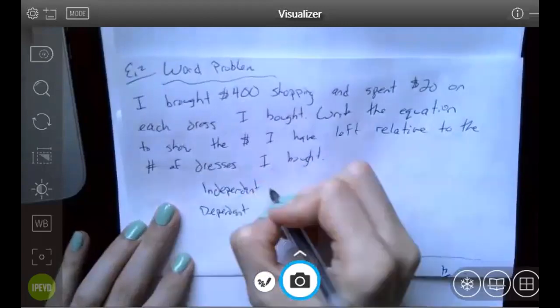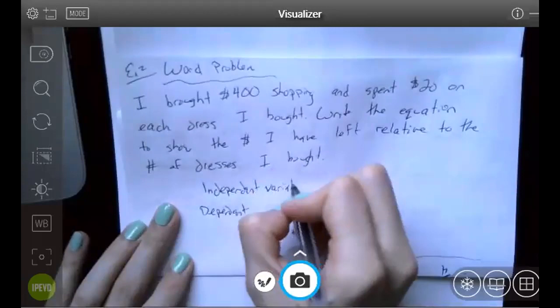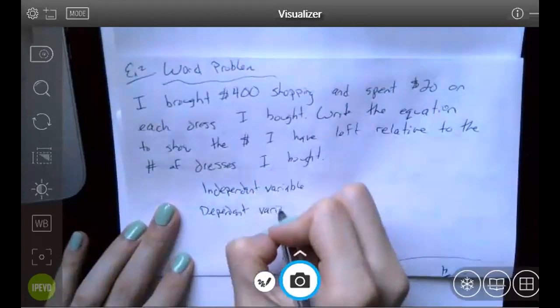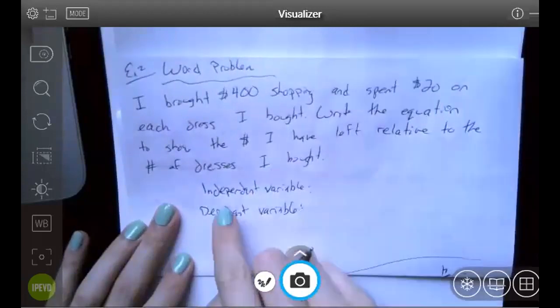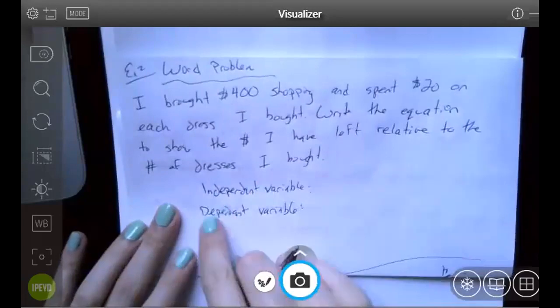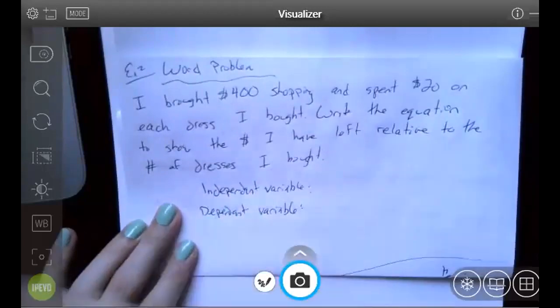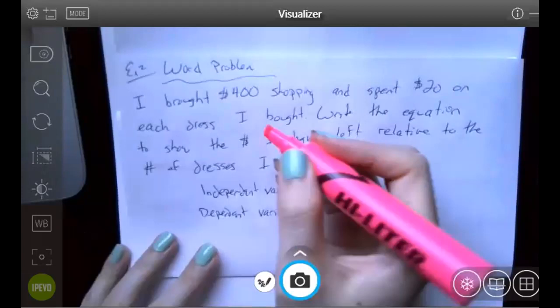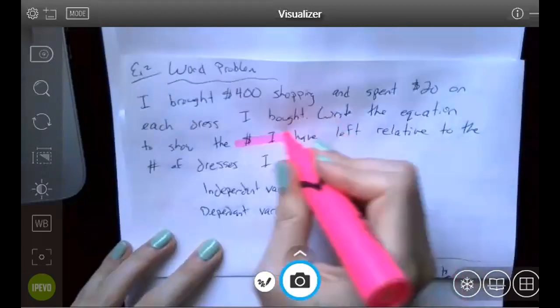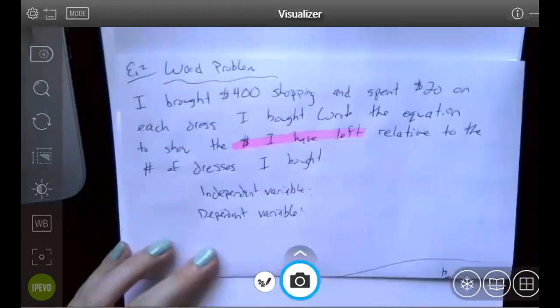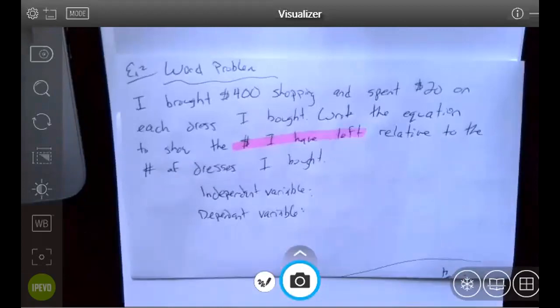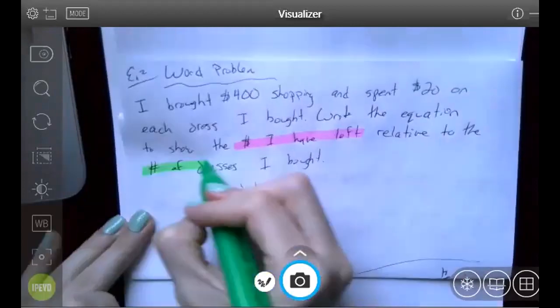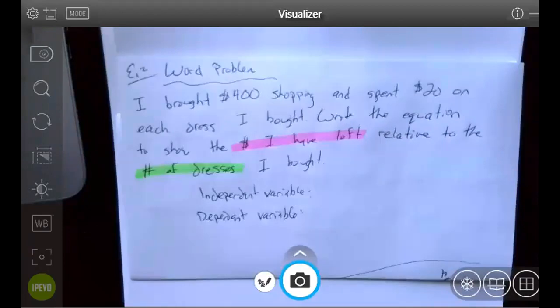So these are the two things that we don't know. Again, we don't know how much money I spent. That's one of the things that we're looking for. The money I have left. And we don't know the number of dresses I bought. And yet those are the two things you should be comparing in this equation.